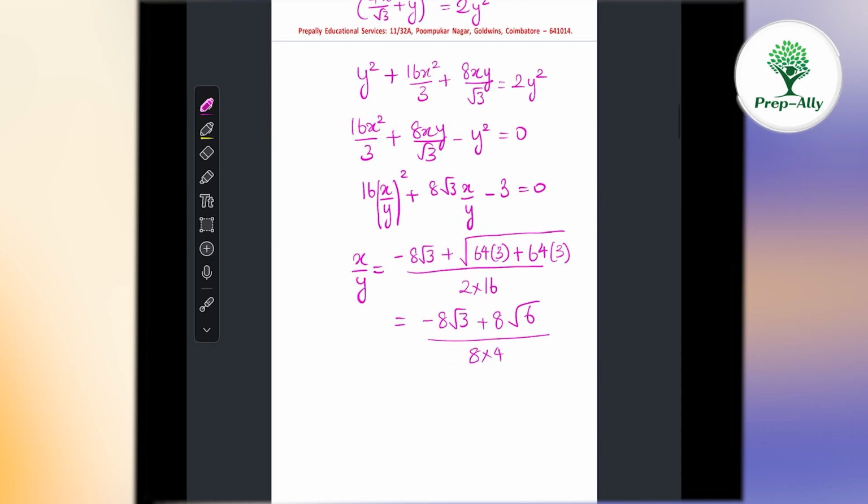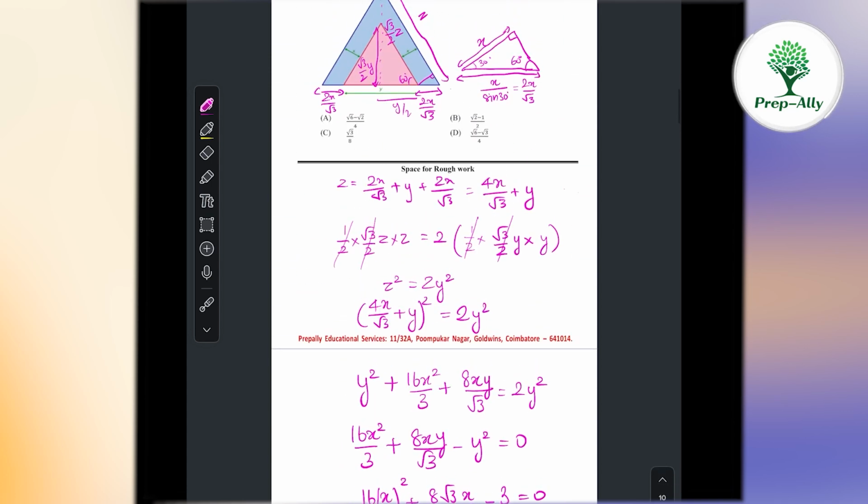So we can cancel the 8's out and we get x by y equals root 6 minus root 3 divided by 4. And that's option D.